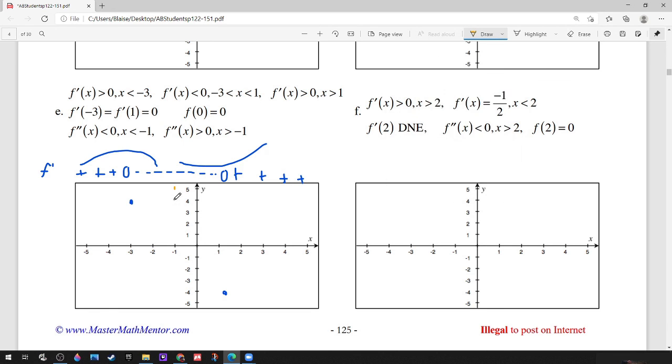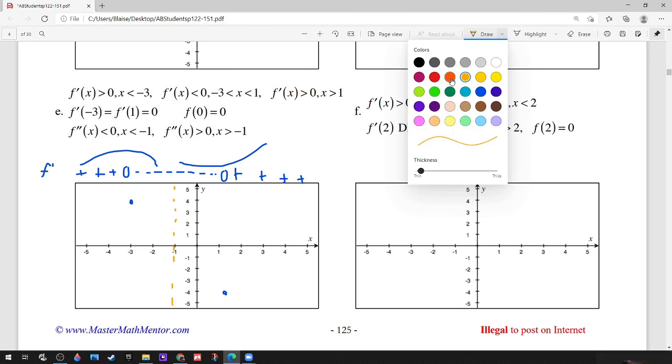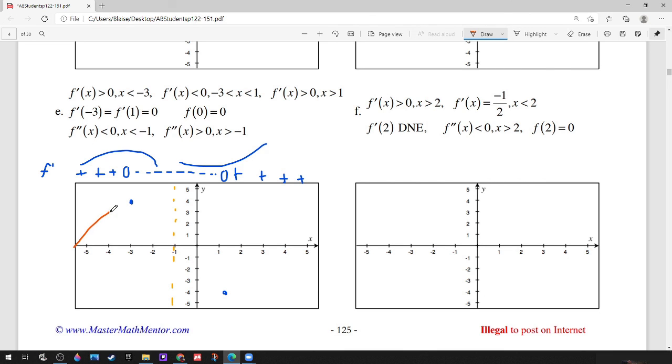Our concavity transition. So this is where I should see the inflection point. Concave down, concave down, concave down, then concave up, concave up, concave up.